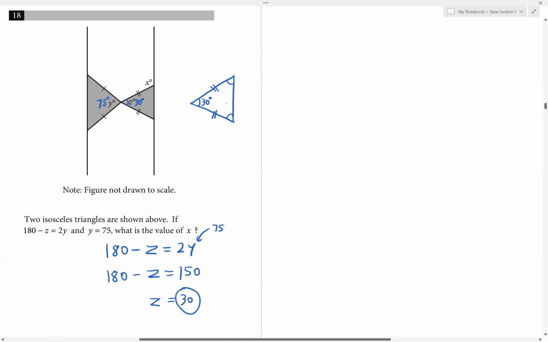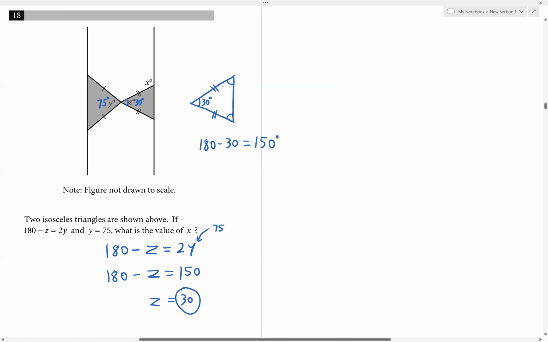Here, what we can do is first, we know all three angles in the triangle have to add to 180 degrees. So this is 30 degrees. We can do first 180 minus 30, because the total is 180. We subtract 30, that should be 150 degrees.